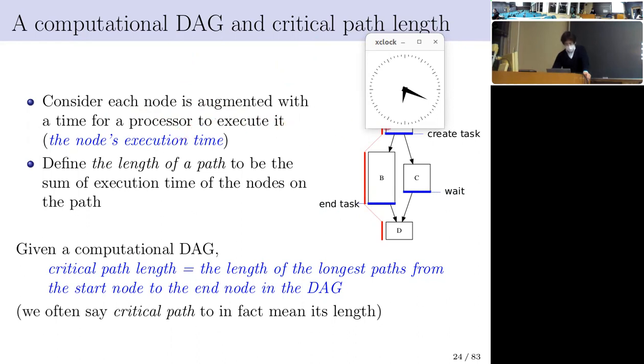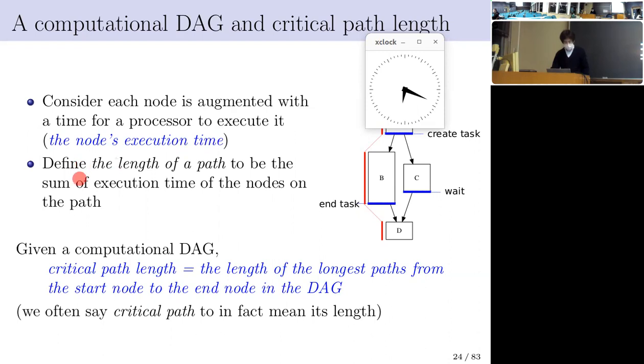In this picture it is represented by the height of each node, the length of these red bars. The length represents the time taken for a single processor to execute each node. Let's call it the node's execution time.